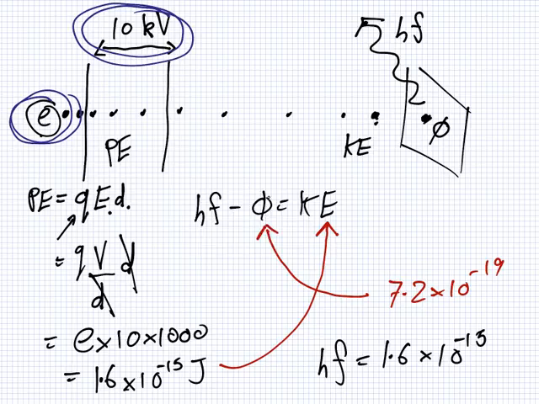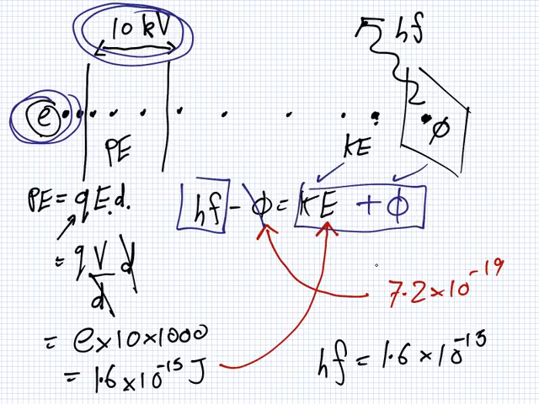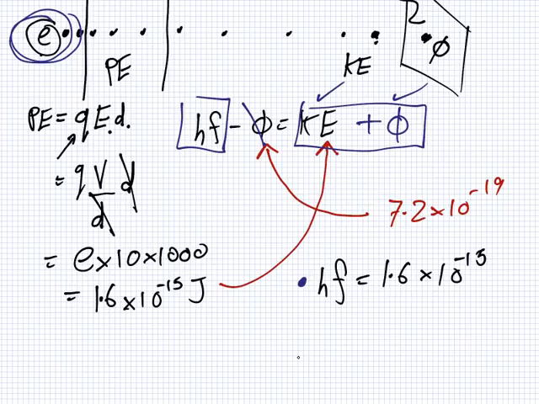Just note that I took this over to the right, so I have hf equals this, and we know both of these. What do I do to finish? Divide by h. So I get frequency equals 2.42 times 10 to the 18.